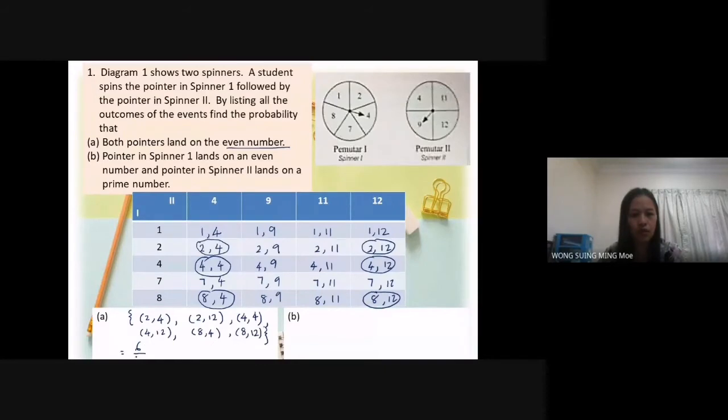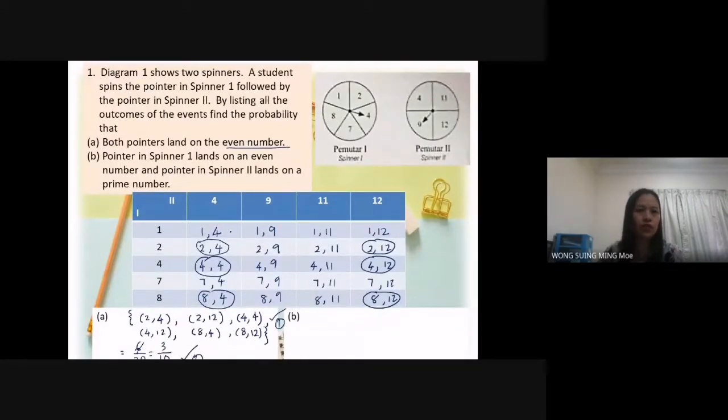So 6 over 20. Don't forget to simplify it. Divide by 2, here is 3 and here is 10. This is a 2 marks question. When you list out the possible outcomes, you obtain 1 mark. After that you write the probability, you get another 1 mark.